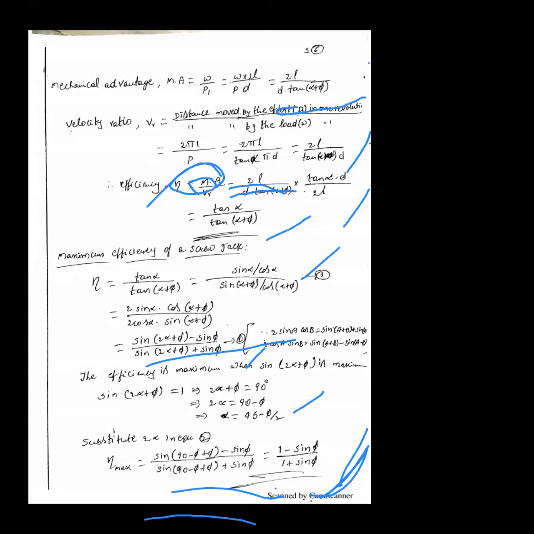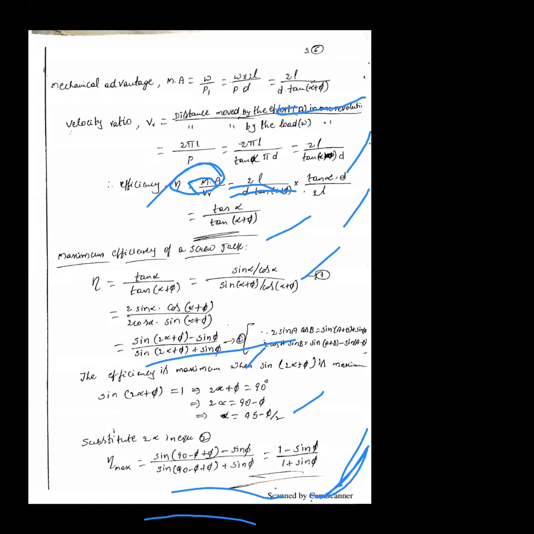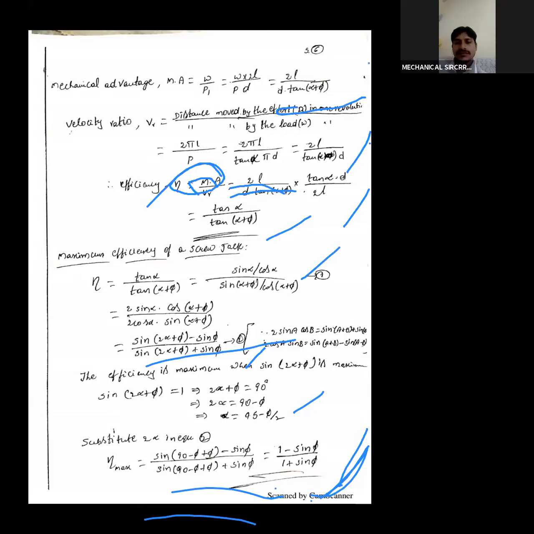Do you understand the derivation? Yes, sir. And 347, is he available? 347. Okay, he is available. Number 347.